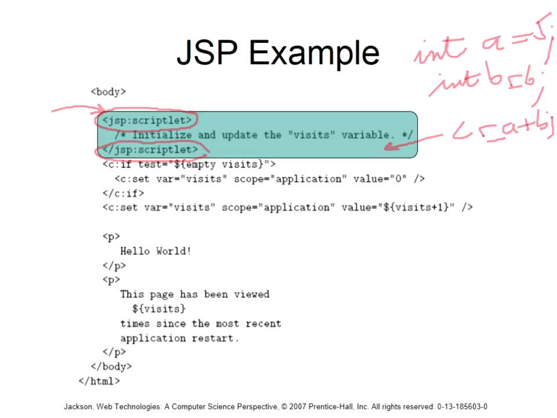Here, we just use a GSP scriptlet to add comments, okay? But the idea is, it is better not to use this GSP scriptlet because we want to separate presentation from programming.